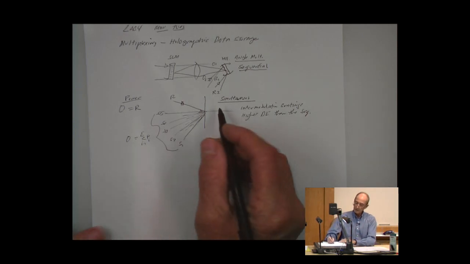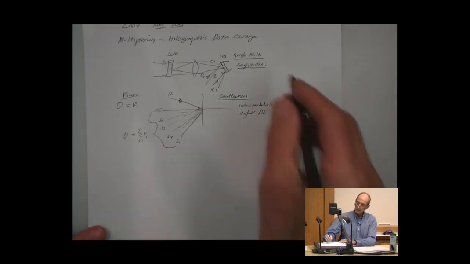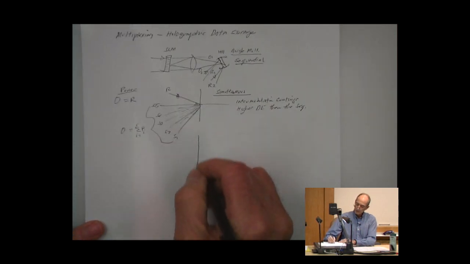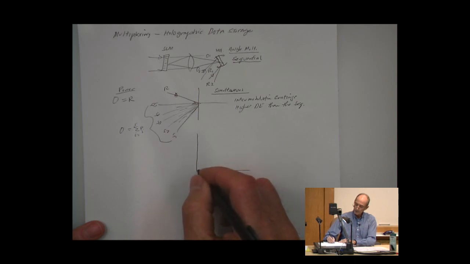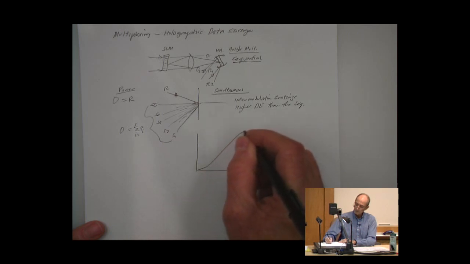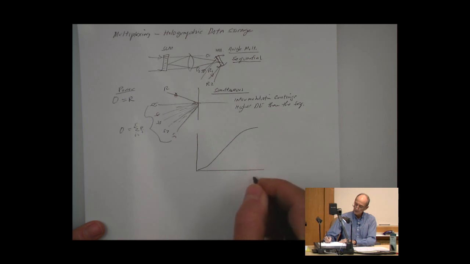So the idea here, though, is that in both cases, and we looked at this to some degree before, there is a response of the material to the exposure, which in turn is going to be proportional.